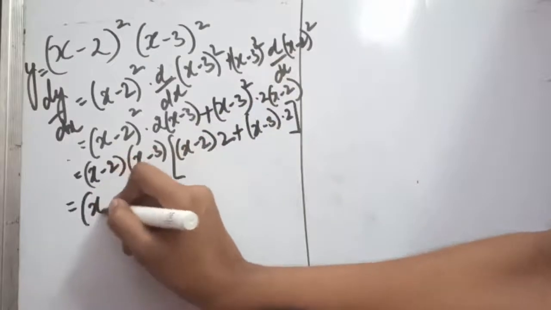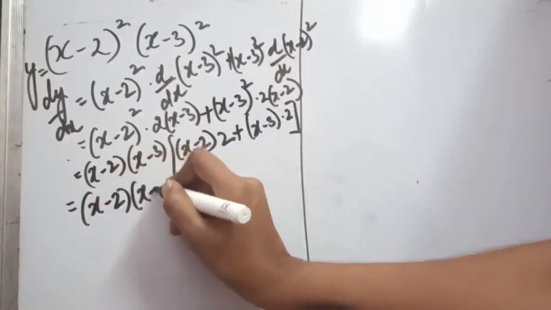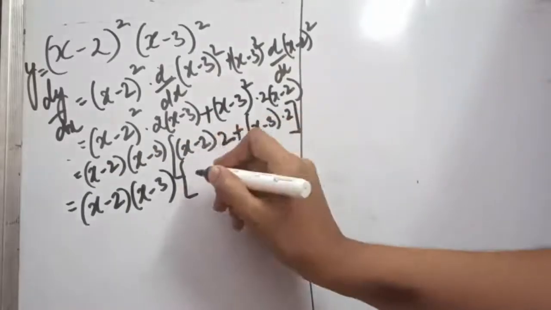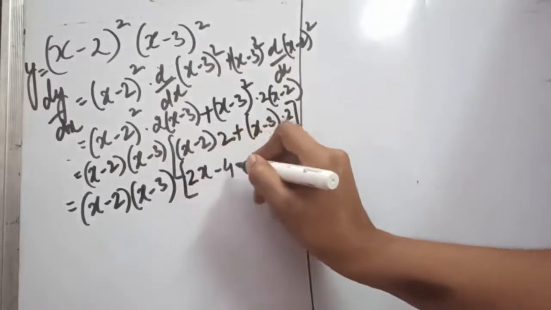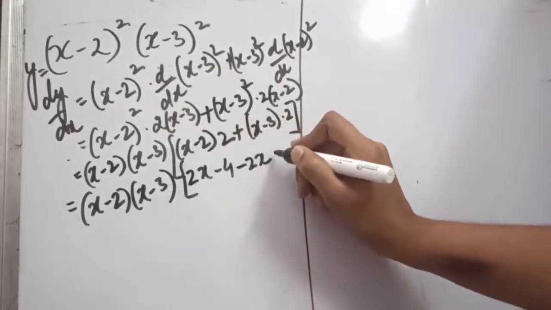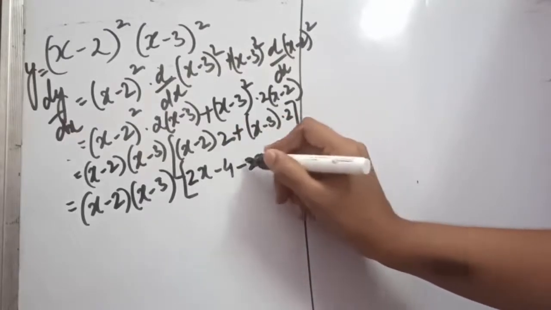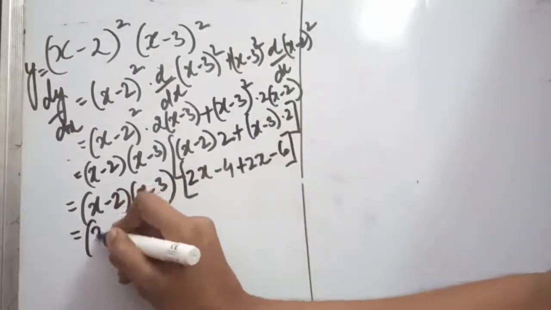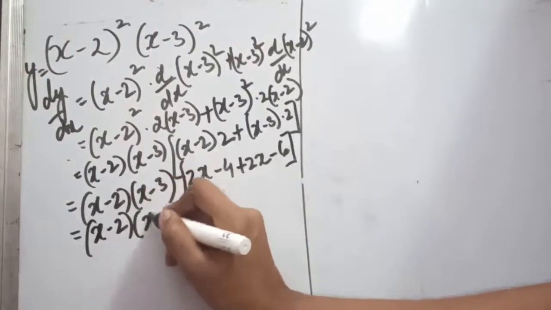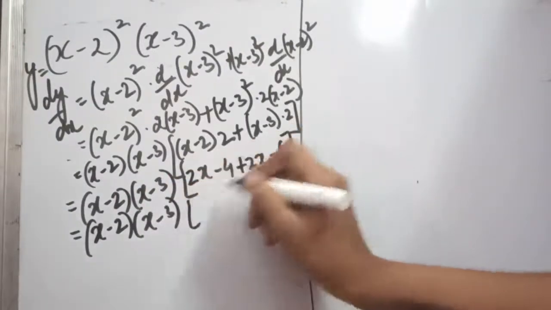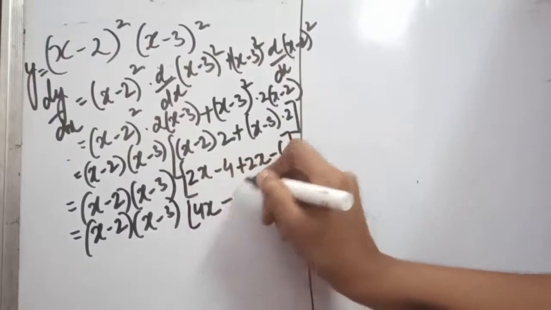So opening this bracket, outside it will be same, and inside it will be 2x minus 4 plus 2x minus 6. So from here it will be (x minus 2)(x minus 3)(4x minus 10).